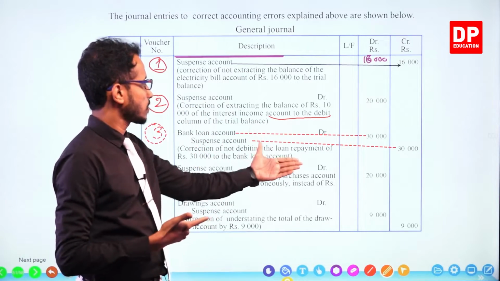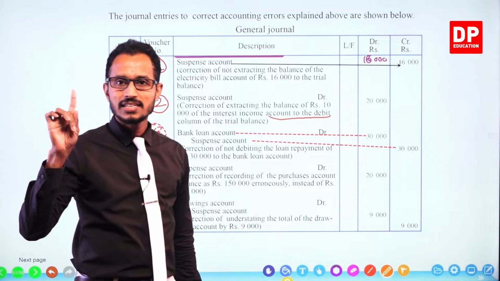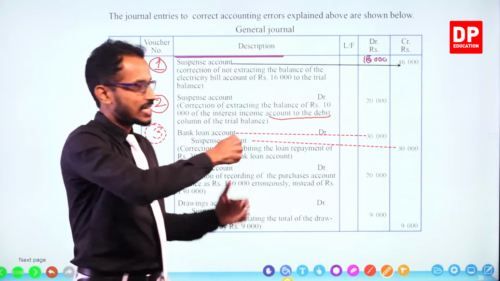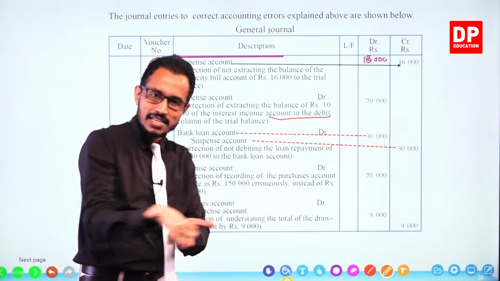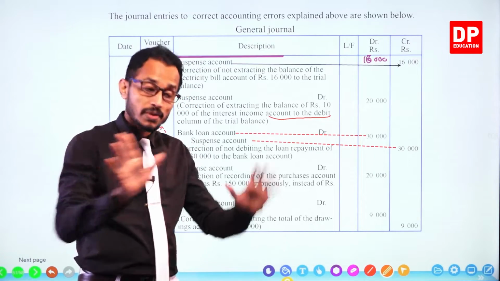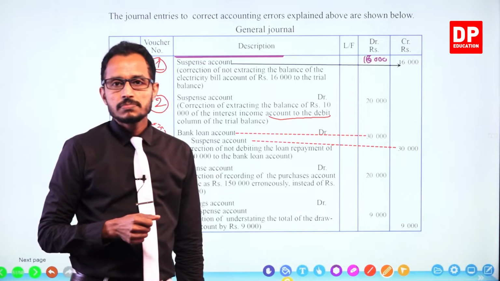They don't ask to show how the corrections are done in the ledger, and after corrections are done, to prepare the corrected trial balance.